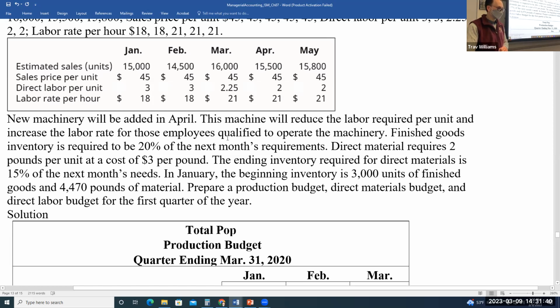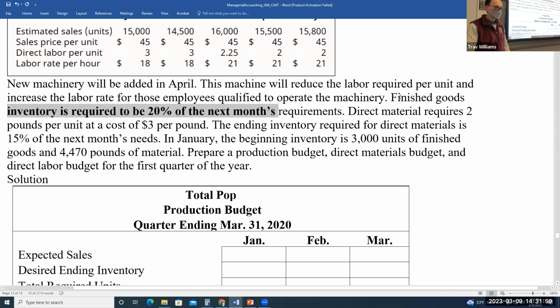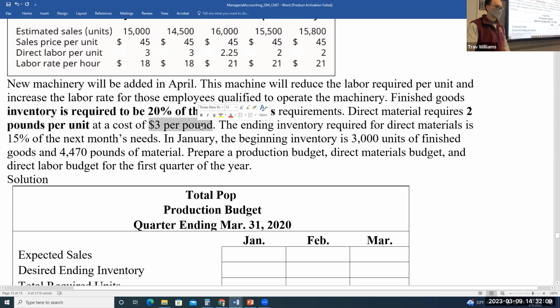The labor rate also is going to change at that time. Again, it's changing in March, so doesn't matter. Finished goods inventory is required to be 20% of the next month's requirements. Okay, that matters. So inventory, 20% of the next month. Direct material requires 2 pounds per unit, $3 per pound.